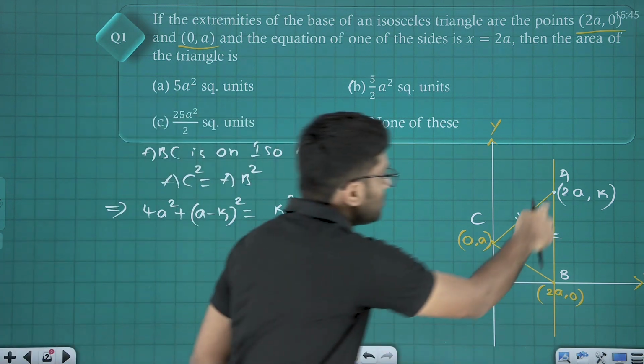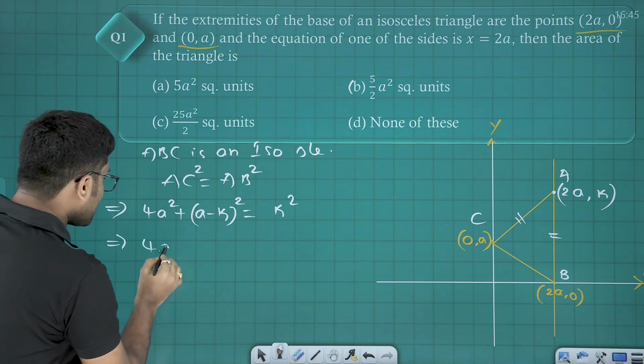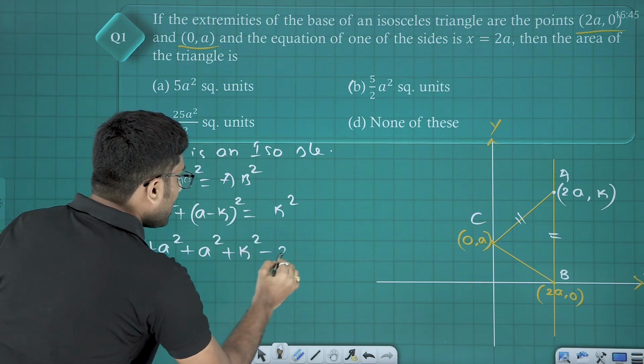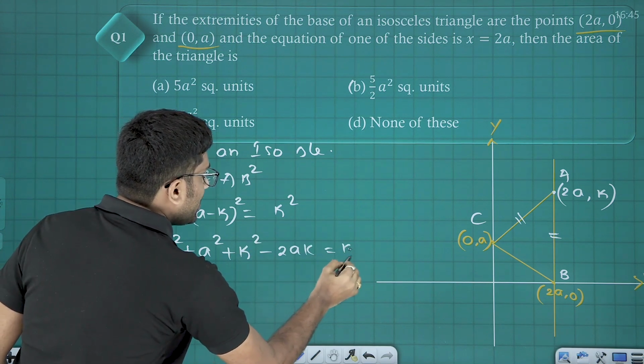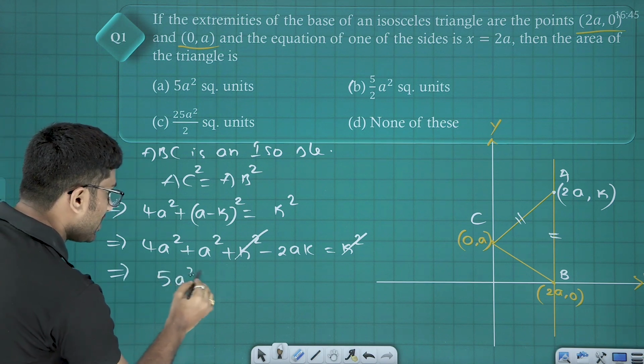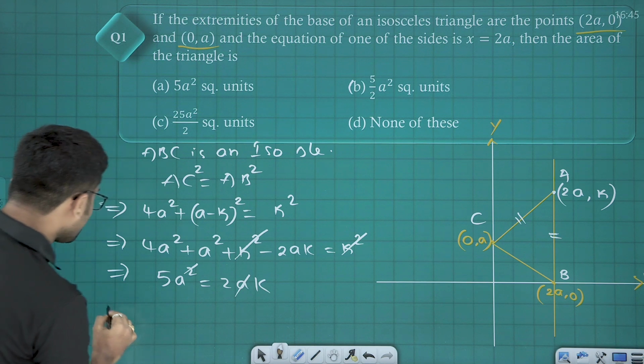So the distance from A to B is directly k. From here, 4a square plus a square plus k square minus 2ak equals k square. K square gets cancelled. 4a square plus a square is 5a square. 5a square equals 2ak. A gets cancelled.